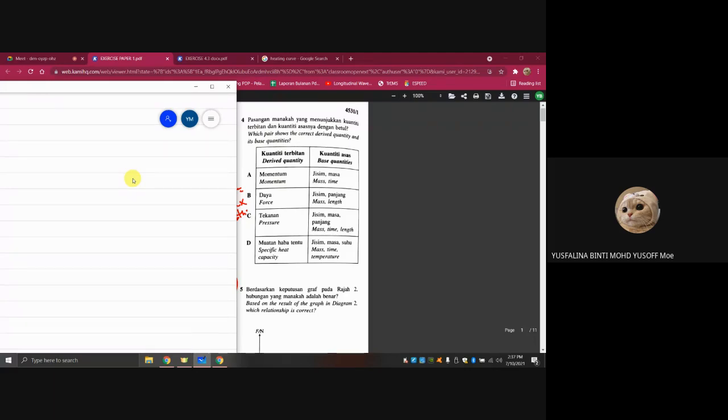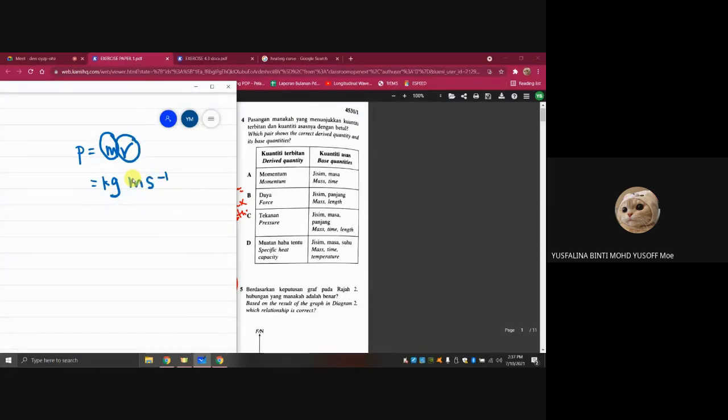Okay, so momentum, P is equals to mv. Right? So this is the mass, so mass means kg. This is velocity, that is ms negative 1.